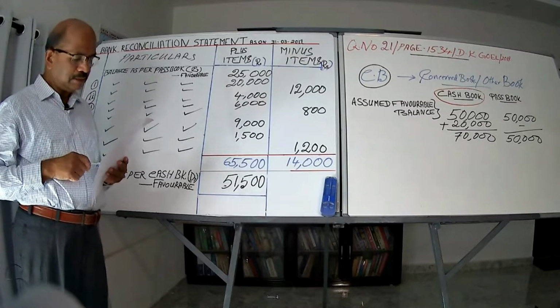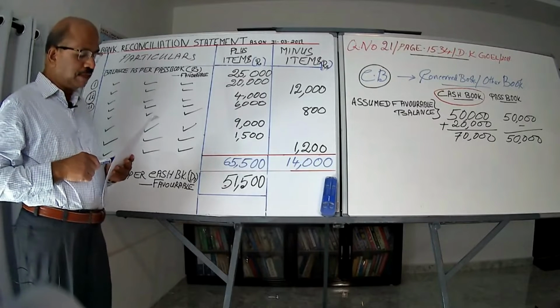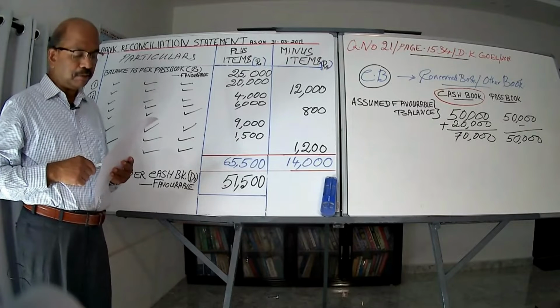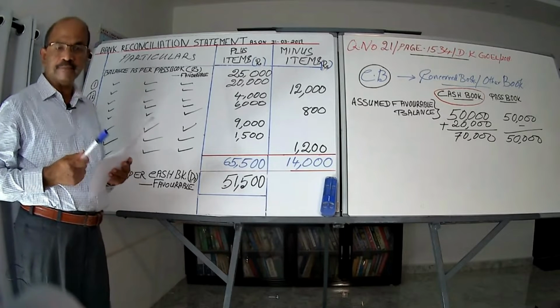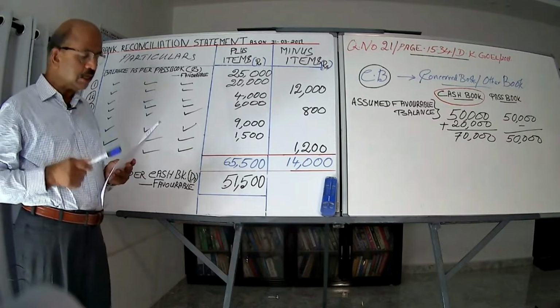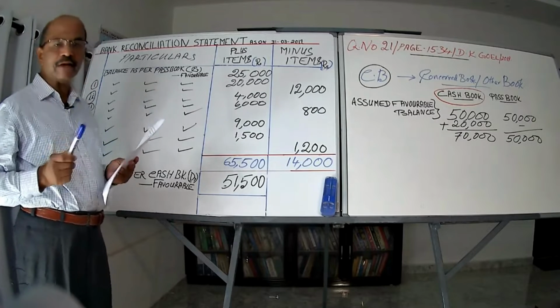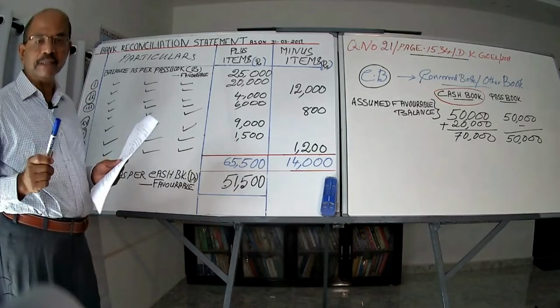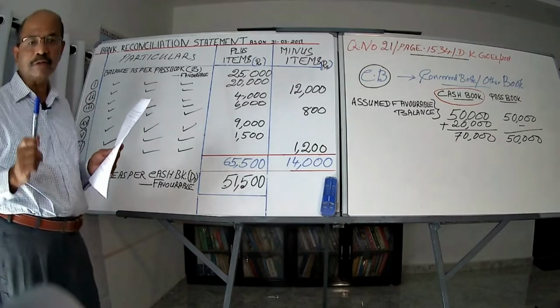They said checks 5,000 were cleared on 1st April 2017. That hardly matters here. Practically, it is not cleared. And they say rest are not cleared. So overall, the entire 20,000 remains not cleared. It's a question of check deposited, not cleared.